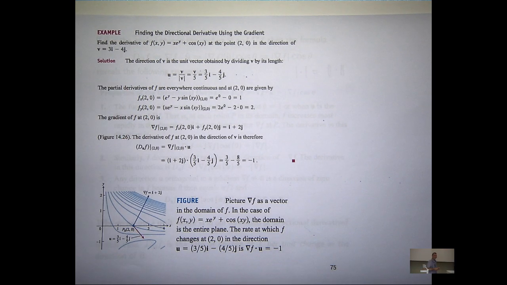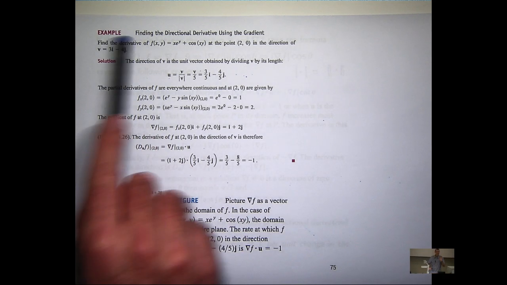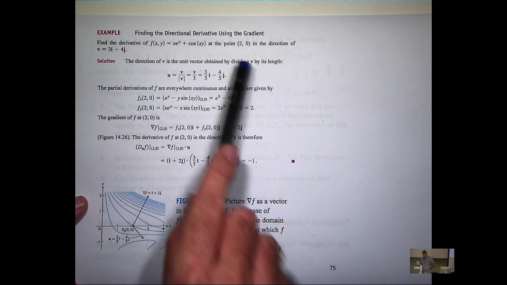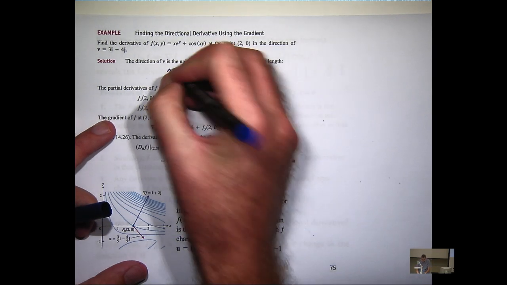If it's not, we can make it one. To apply our dot product formula, I first have to construct or recognise whether or not we've got a unit vector. Here I don't have a unit vector, but all I need to do is calculate the magnitude, or the length, and then this is a unit vector.